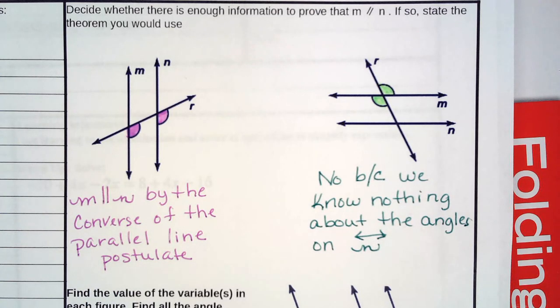In this case, we don't know because we know nothing about the second line and its angles.